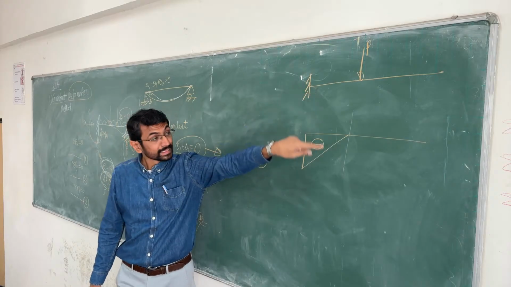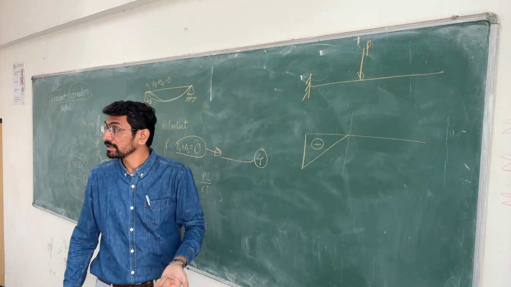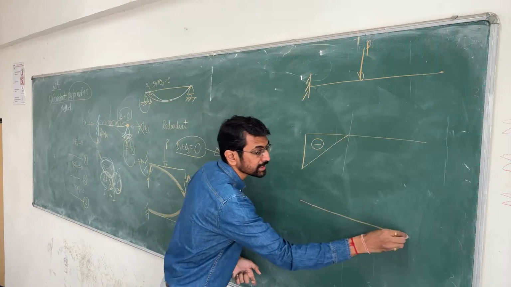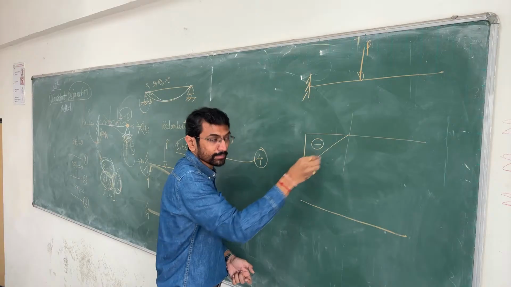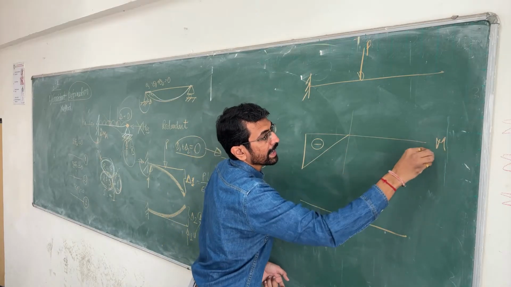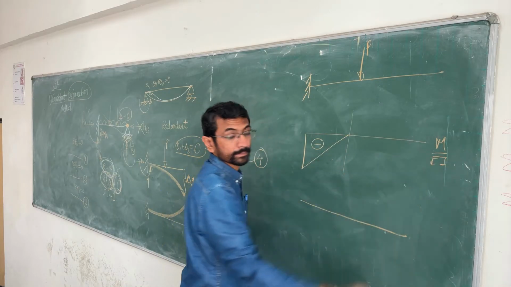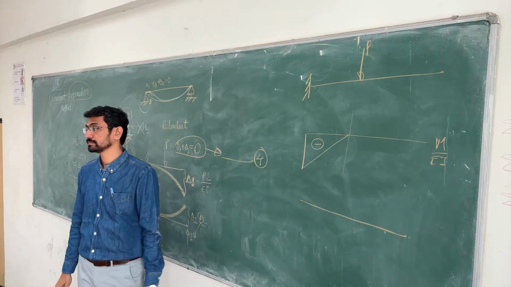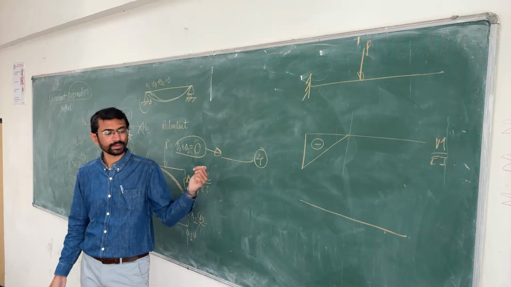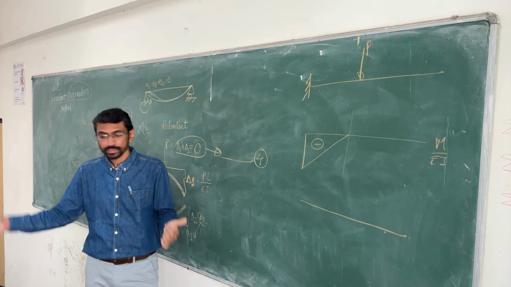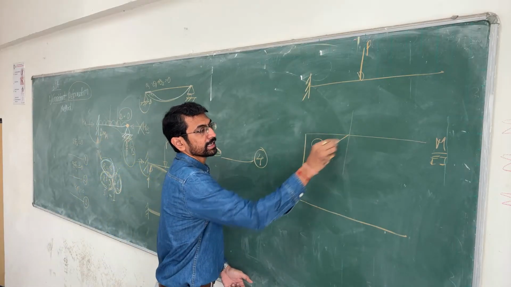Correct? Now, what the moment area method is that on an imaginary beam you apply this beam's bending moment diagram, which is called M upon EI diagram, as load. I will explain in detail when we go for this. Giving you shortly, this is the area, right?